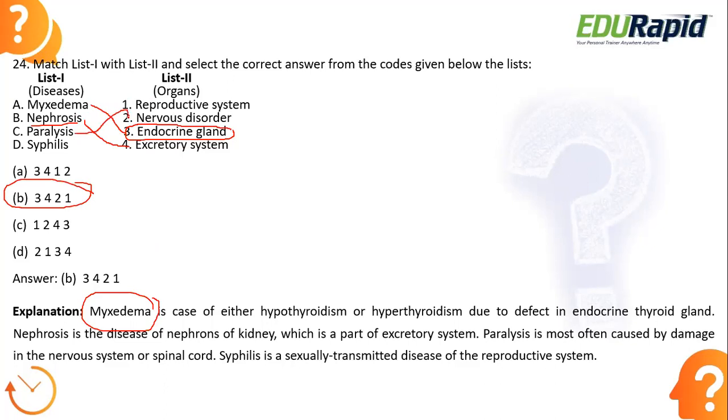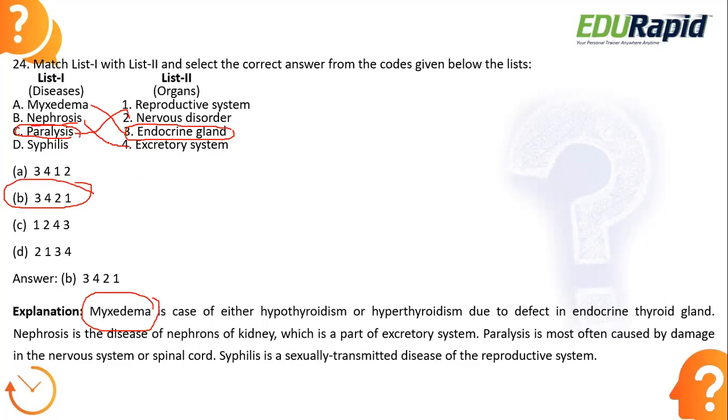Paralysis is related to the nervous system. It is a nervous disorder where the nerve cells, the neurons in the brain or the spinal cord, are affected, which leads to a condition called paralysis. Motor function cannot be carried out in this condition.